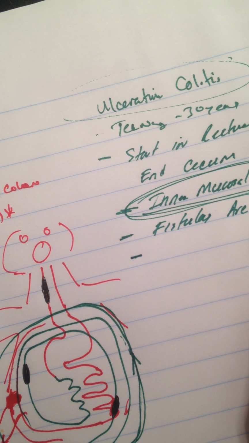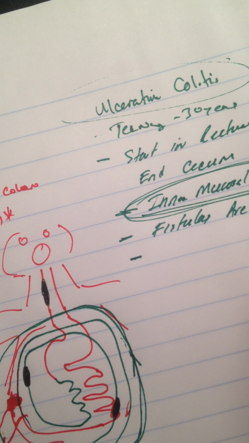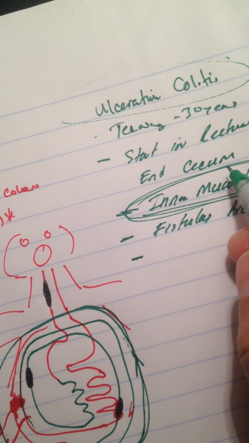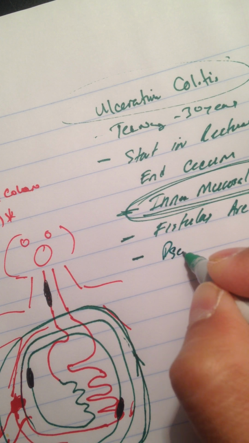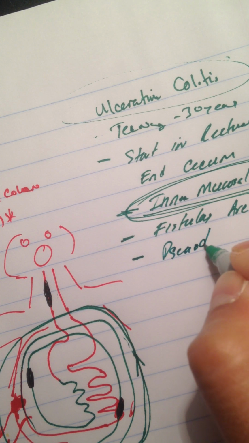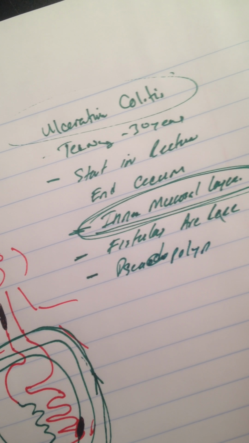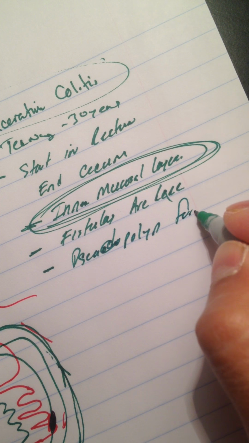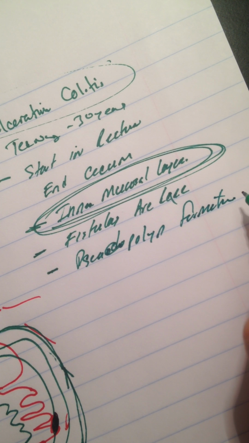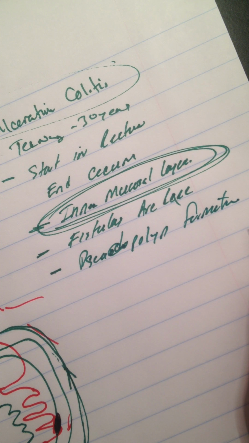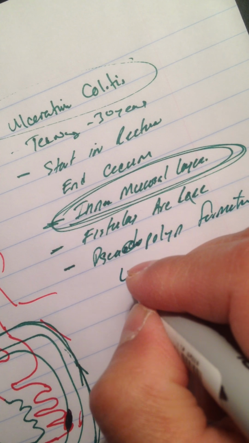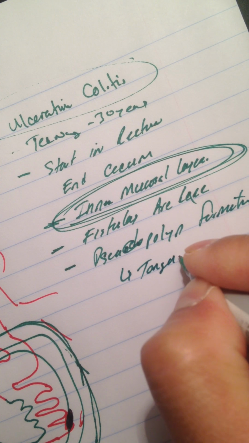Now, in Crohn's, we talked about a cobblestone appearance of the bowel. In ulcerative colitis, you're going to have pseudopolyp formation. So these will appear tongue-like.